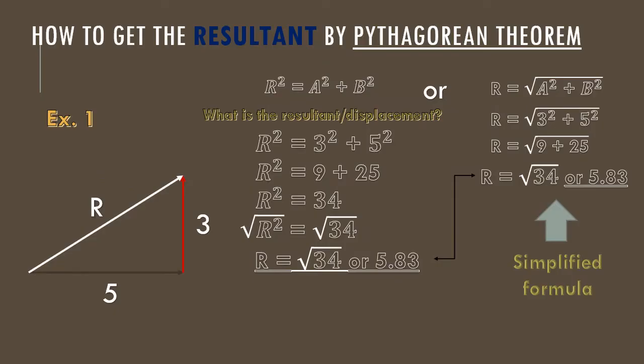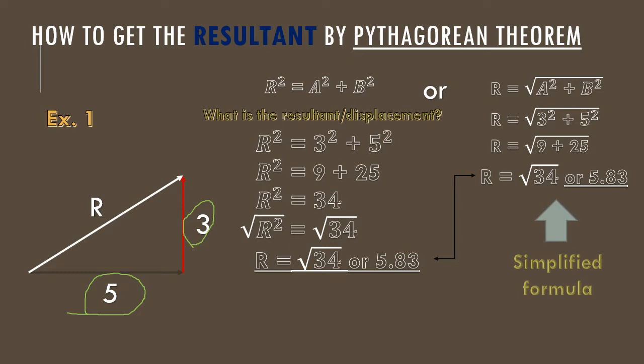So, let's have some examples. We have given values, which is the first vector is 5, the second is 3, then we are looking for the resultant or displacement. So using our equation, r squared is equal to a squared plus b squared, so we just substitute the given value.